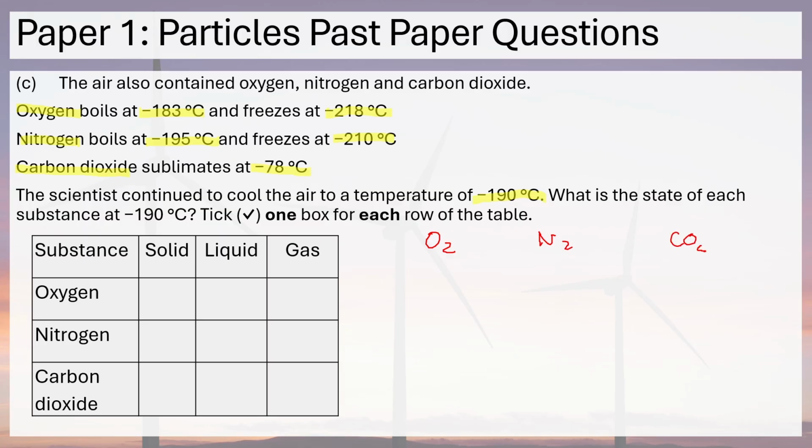And then I'm just going to pull out the fact that I know that the boiling point for oxygen is going to be minus 183, and its freezing point is at minus 218.